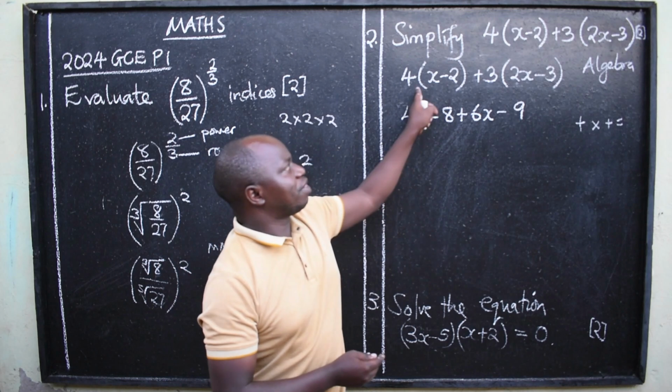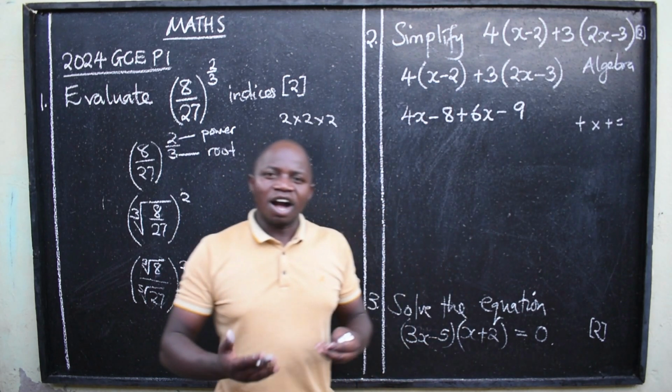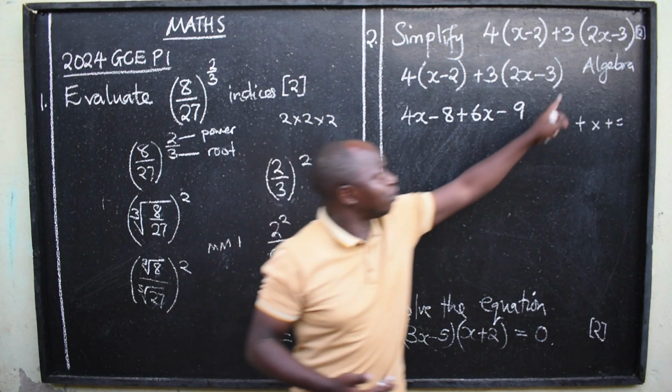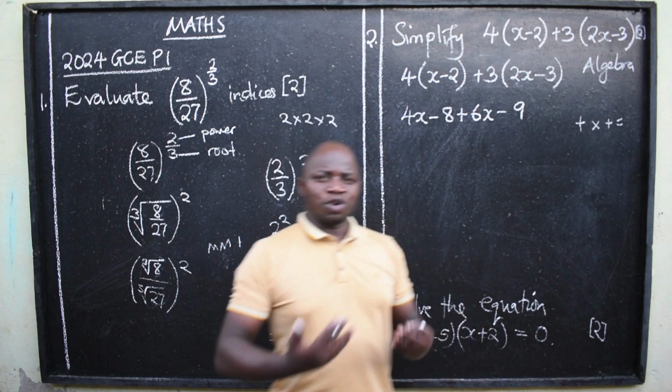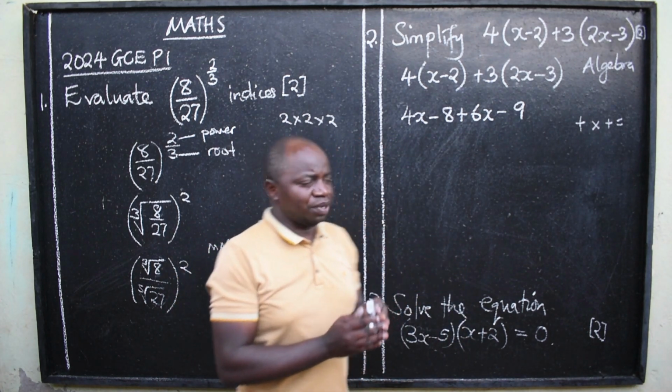Once you are done with the brackets, what next? It is now collection of like terms. I'm remembering all this because I know the topic is algebra. So collection of like terms. Those with x will be near each other.